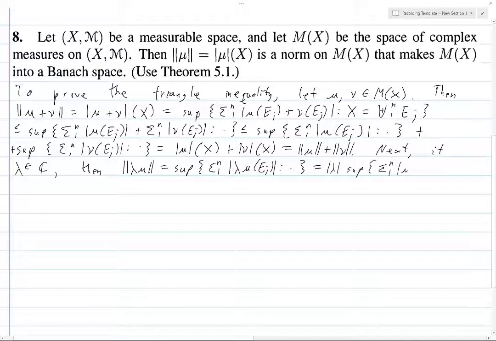And mu of E_j. And what is that? That's the absolute value of lambda times the norm of mu. So there we go.